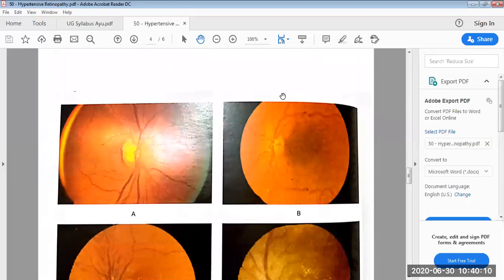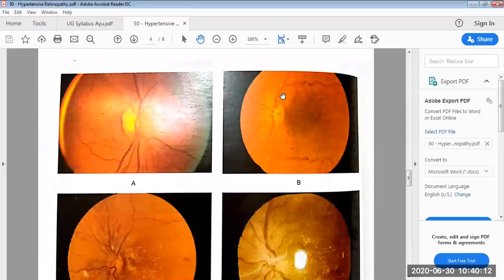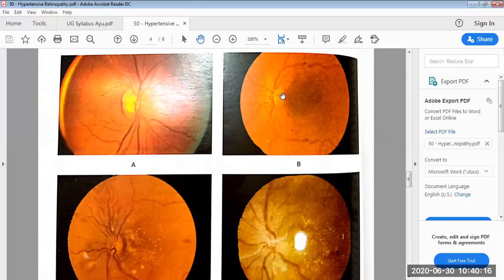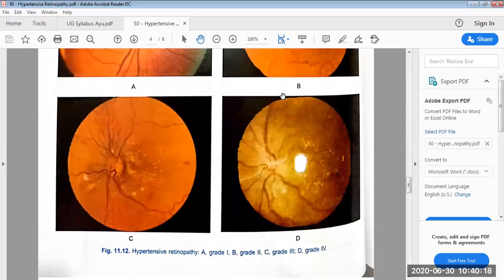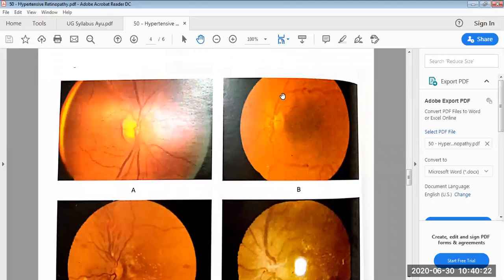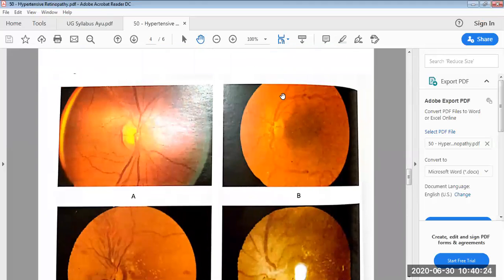Here is an image of the hypertensive retinopathy: A, B, C, D. A shows grade 1, B shows grade 2, C shows grade 3, and D shows grade 4. In the A image, there is grade 1.